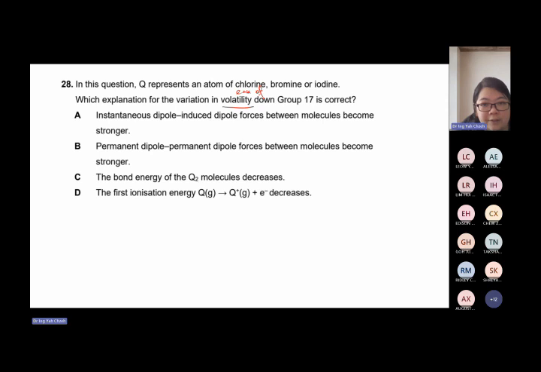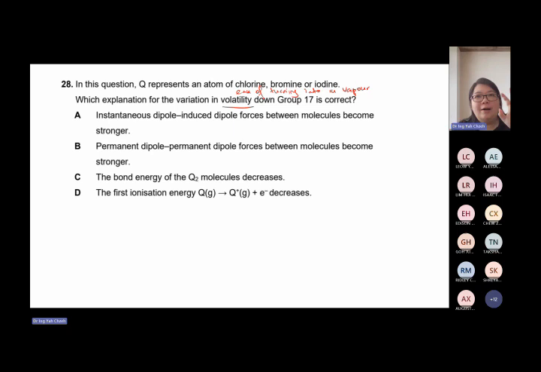Ease of turning into a vapor. In simple terms, how fast or how easily they can become gas. Less energy to become gas, very volatile. So volatility is about becoming gas.